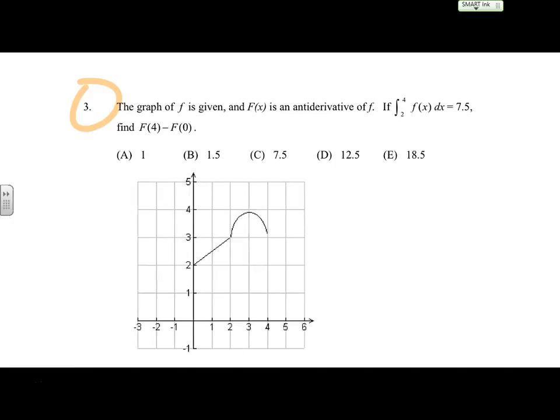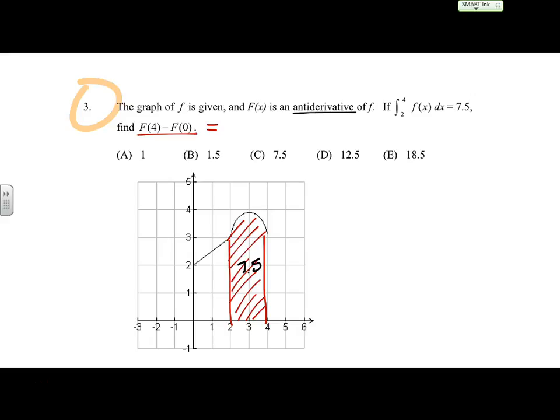They tell me the integral, which is area, from 2 to 4 is equal to 7.5. They tell me that f is an antiderivative. So kiddos, isn't this antiderivative of b minus antiderivative of a? Wait, isn't that just FTC?